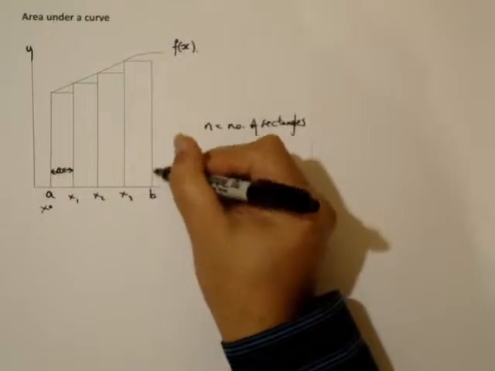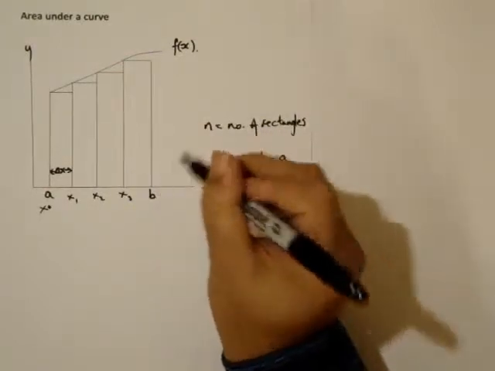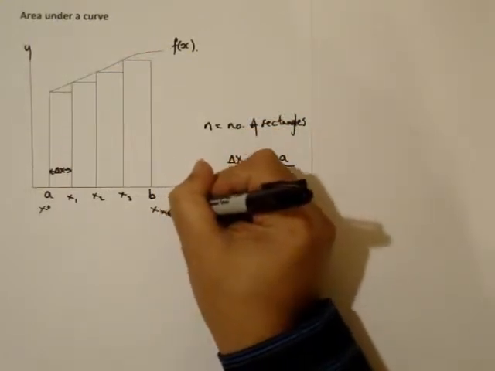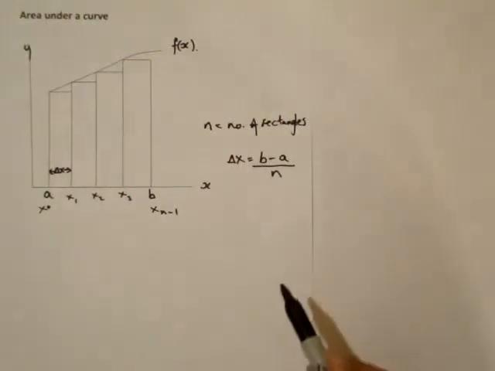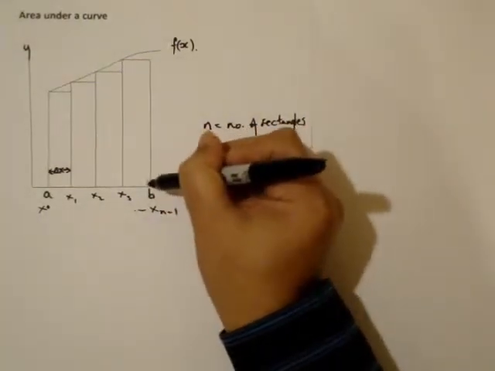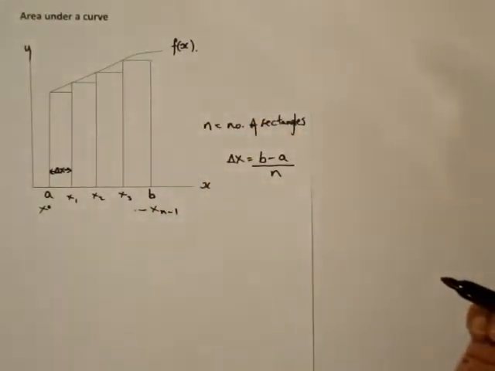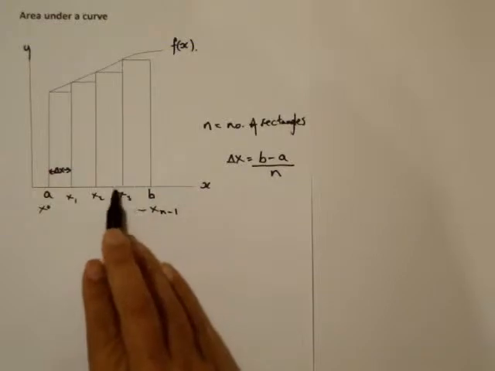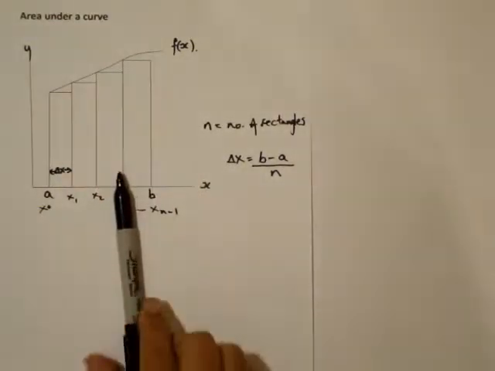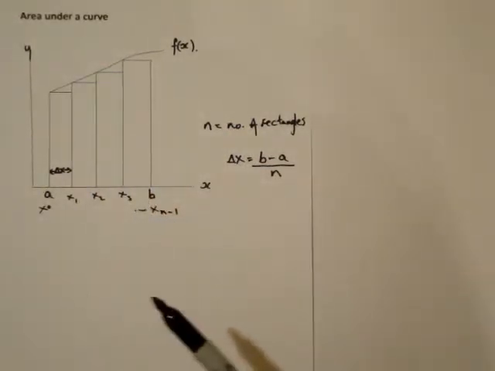The last line in this will be xn minus 1, because we're considering this side of the rectangle. So the last line we're going to consider in the height of the rectangle is going to be xn minus 1.